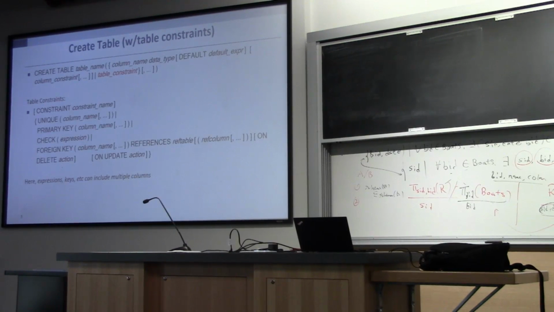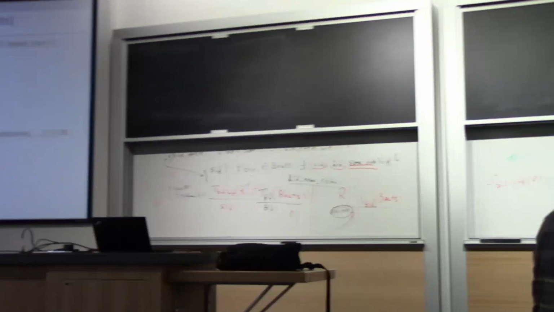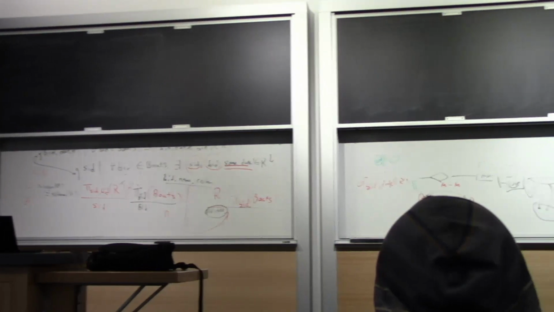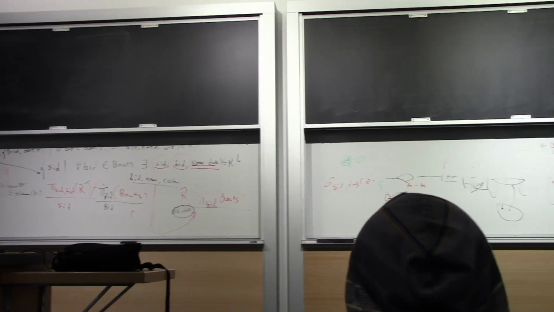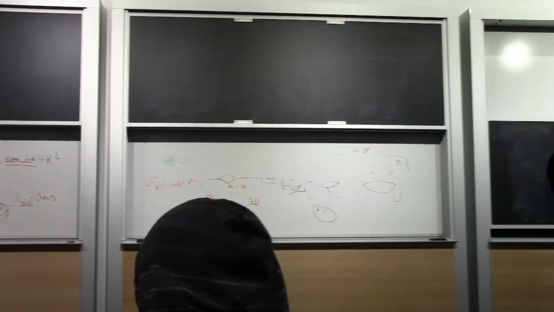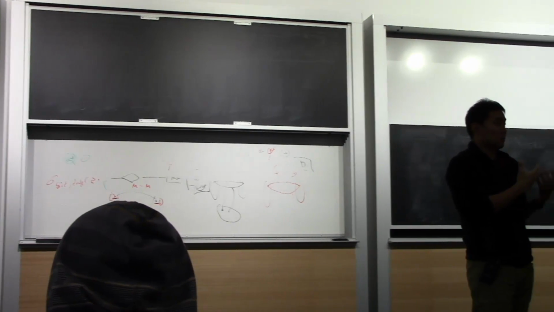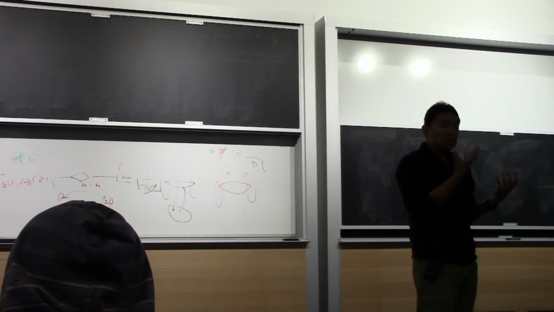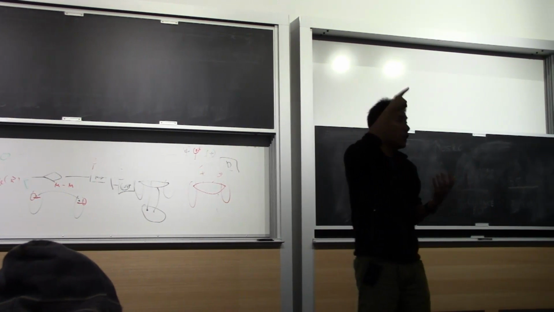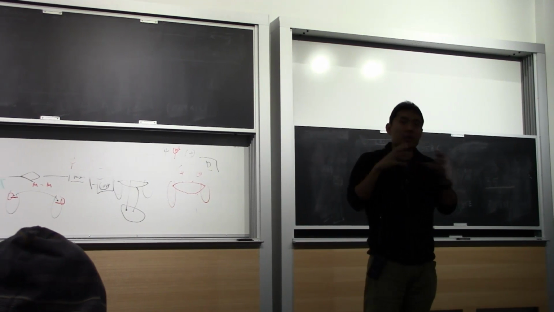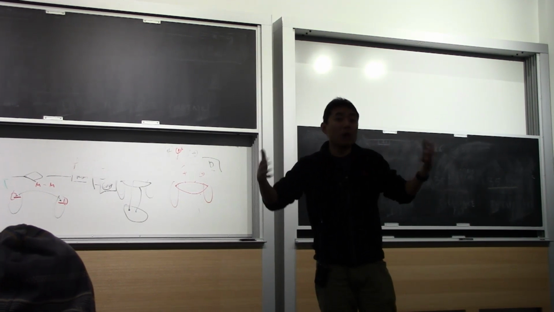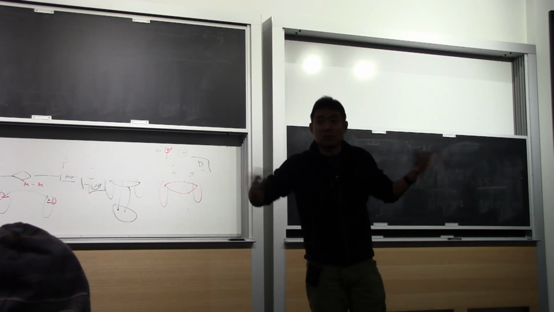Only involves the age column. A table constraint is a constraint where the expression involves more than one column of your table. Hence, you cannot attach it to any one single column. You have to attach it as a table constraint because it involves more than one column. So that's the difference of the two.